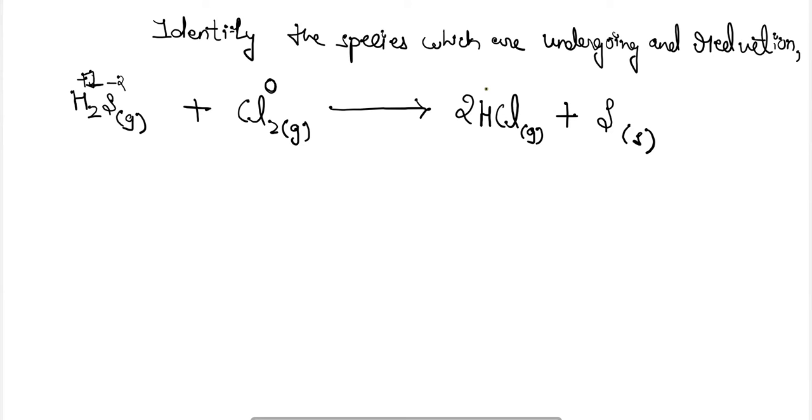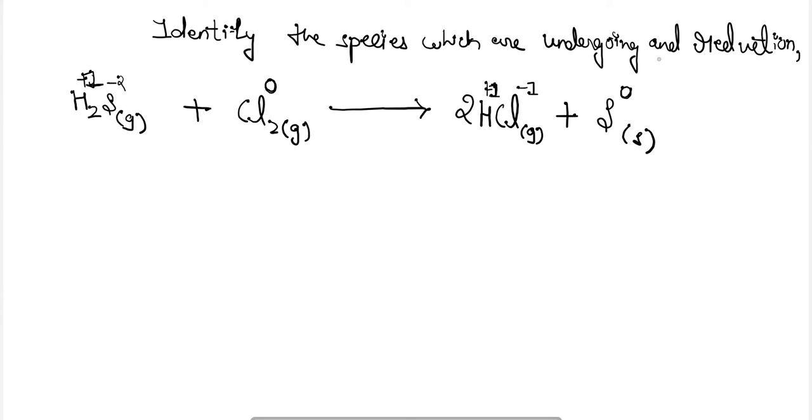Here hydrogen is having +1 and chlorine is having oxidation state of -1, while sulfur is alone here, so it will have 0 oxidation state. On comparing, we will see that hydrogen's oxidation state is still +1 on both the sides. So it means that hydrogen has undergone neither reduction nor oxidation here.